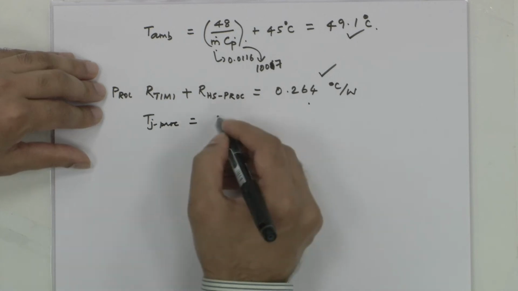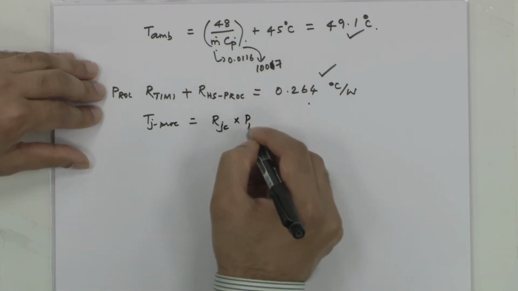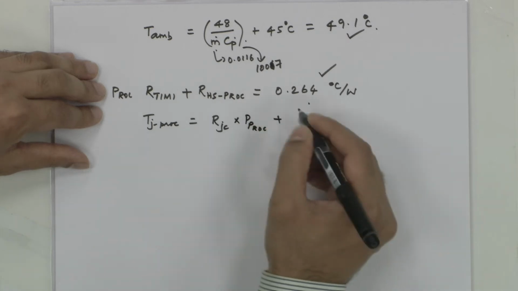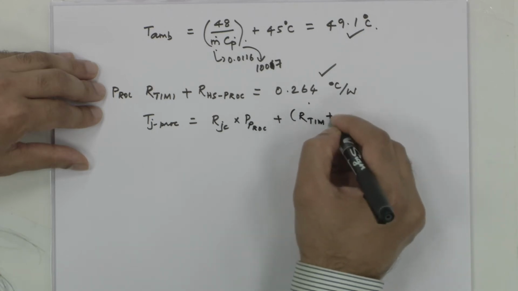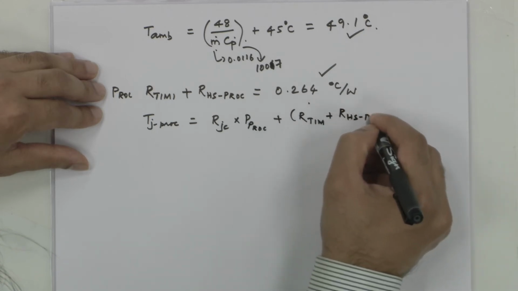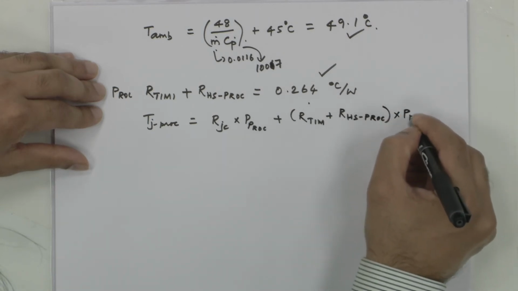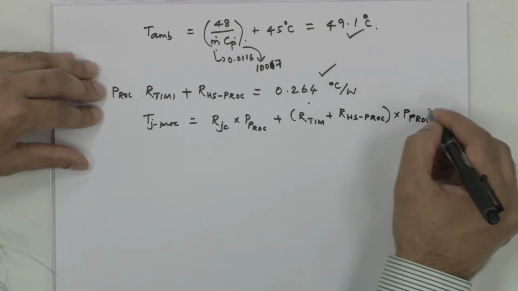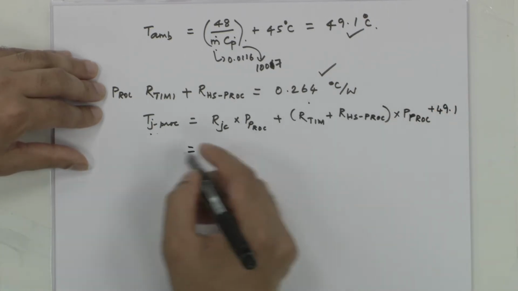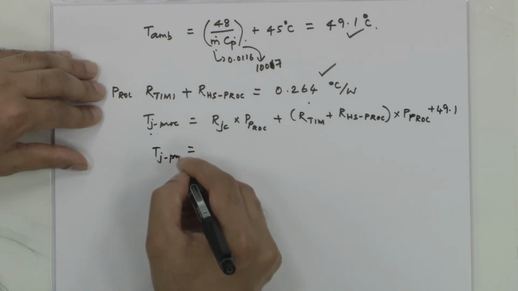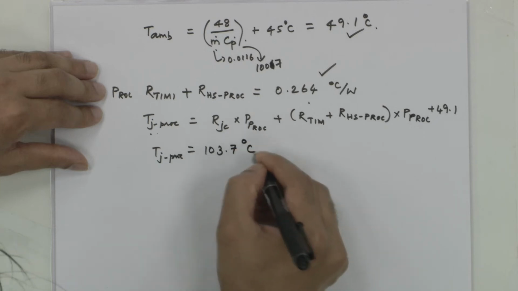We are given the RJC, the junction to case resistance, times the power of the processor, plus RTIM, plus RHS, plus 49.1, which will fetch us the junction temperature of the processor. Substituting all these values which are already supplied gives us 103.7 degrees Celsius.